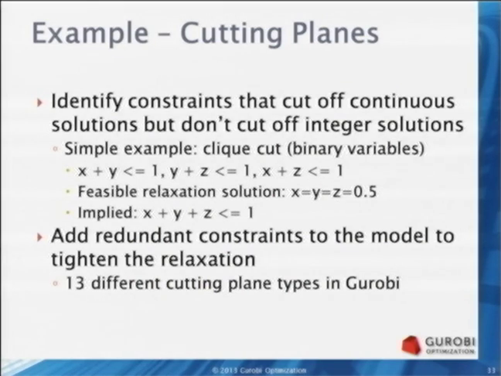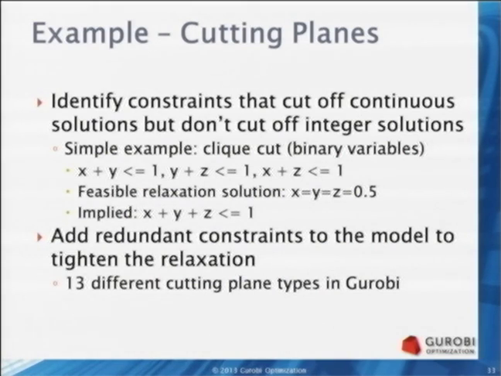And so in general, what cutting planes do is that they add redundant constraints to the problem. The constraints that don't change the set of feasible integer solutions, but change the set of feasible continuous solutions to get a tighter relaxation, a relaxation that more closely matches the set of integer feasible solutions. In the process of adding cutting planes, you solve the root relaxation.